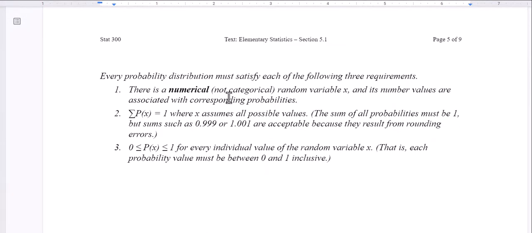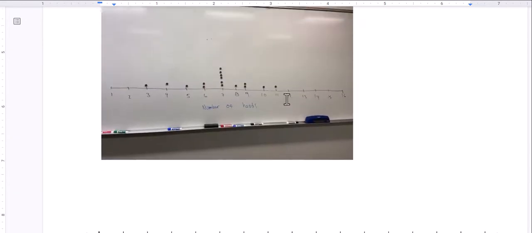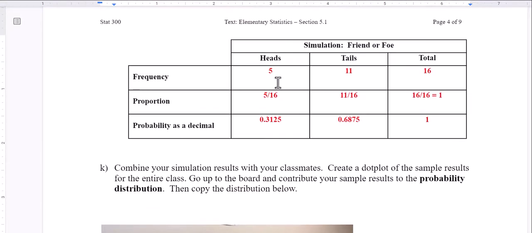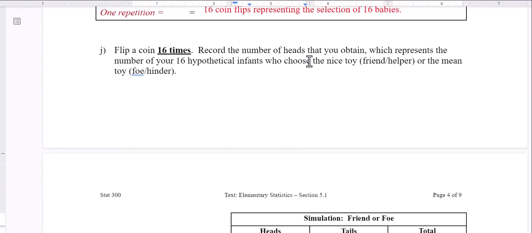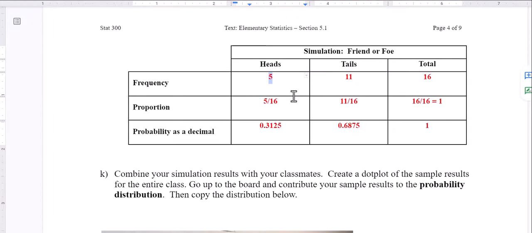Every probability distribution must satisfy each of the following three requirements. There's a numerical, not a categorical, random variable x, and its number values are associated with corresponding probabilities. Here we're keeping track of the number of heads, so this is not categorical. Even though in the original study the babies are choosing friendly versus unfriendly toys, which is categorical, once we're doing our simulation, we're keeping track of the number of heads that we get.